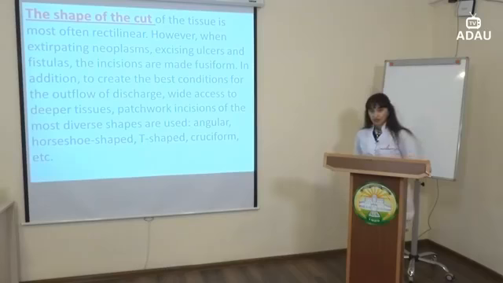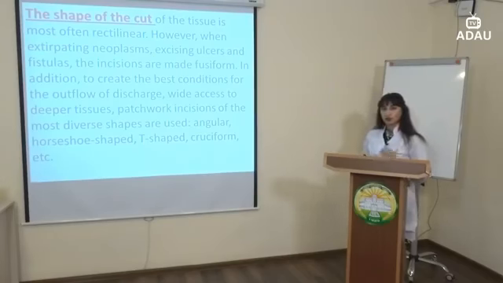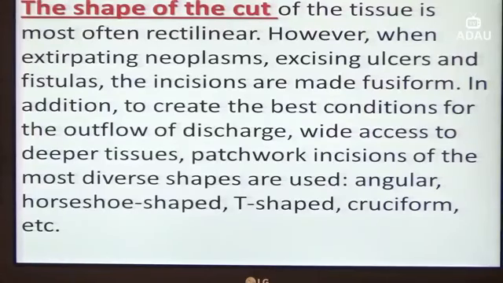The shape of the cut is the second, more important part of this lecture. The shape of the cut of the tissue is mostly rectilinear, though longer wounds may sometimes differ. 90% of cuts may be rectilinear.